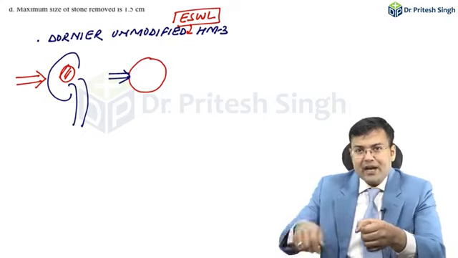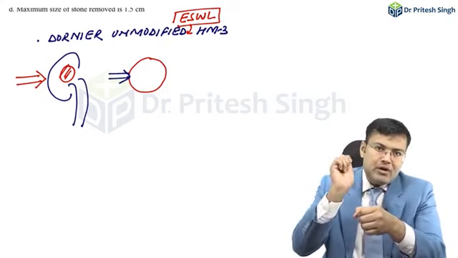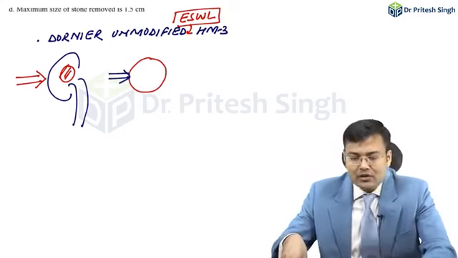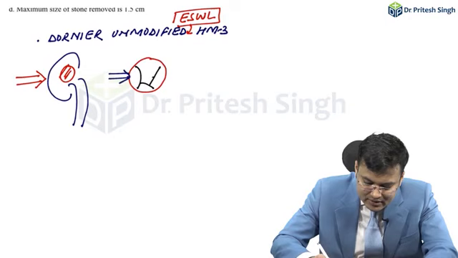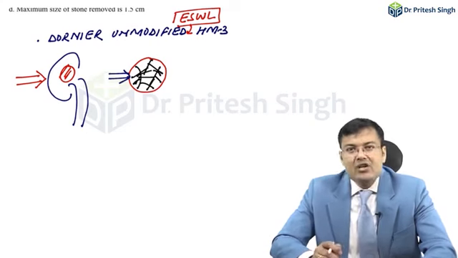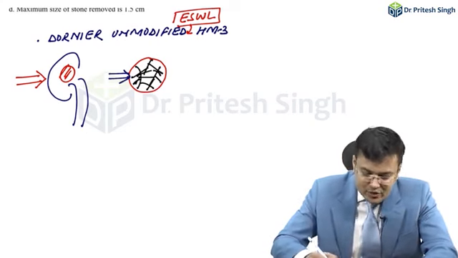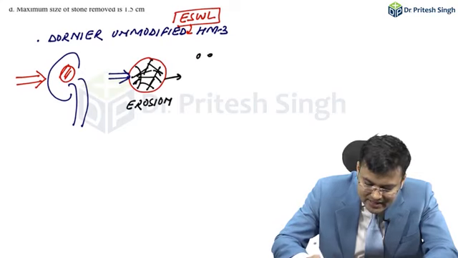So it's like we are hitting a stone with a hammer, and if you keep on hitting the stone with a hammer, what will happen? The stone will crack. And if you keep on hitting the stone further, it breaks and shatters. So because of shock waves there is erosion, and after erosion there is shattering.